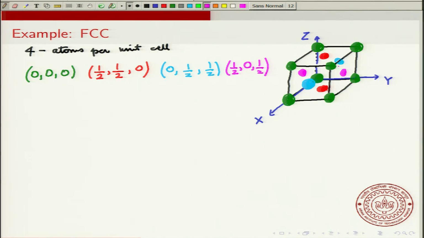crystal. So, the 4 atoms per unit cell are these, and now let us calculate the geometric structure factor. So, now we can calculate f of HKL. Okay. This is given by, now there will be an atomic form factor. Now, if you assume that this is a monatomic FCC, okay, then all the atoms will have the same form factor. So, you will have f e to the I. Okay, now, what is delta for 0 0 0?